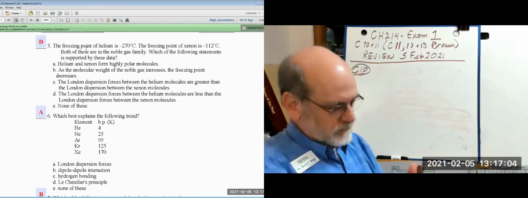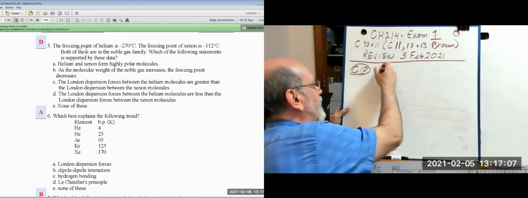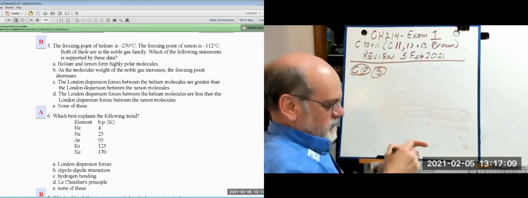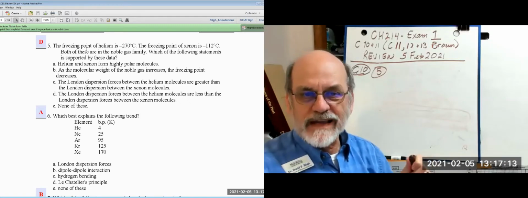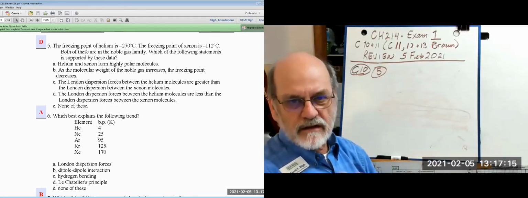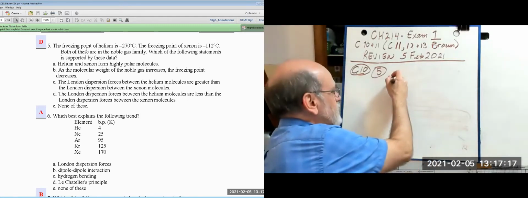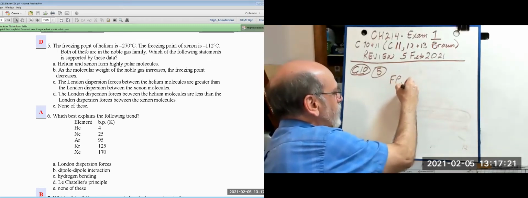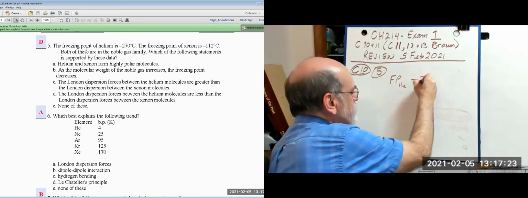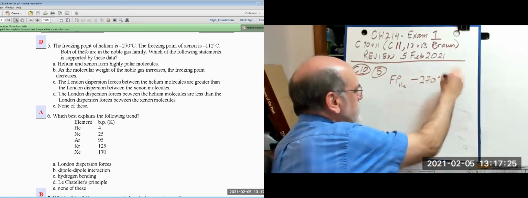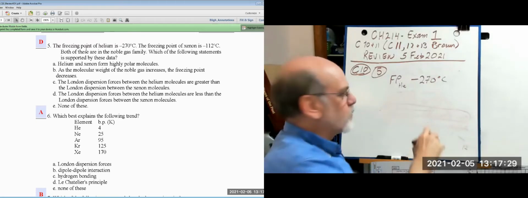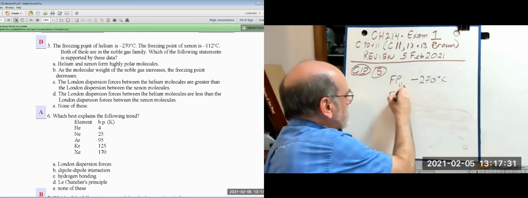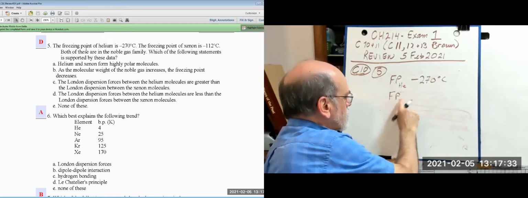The freezing point, let's see. For the benefit of our video watchers, the freezing point of helium is minus 270 degrees C. And the freezing point of xenon is minus 112.